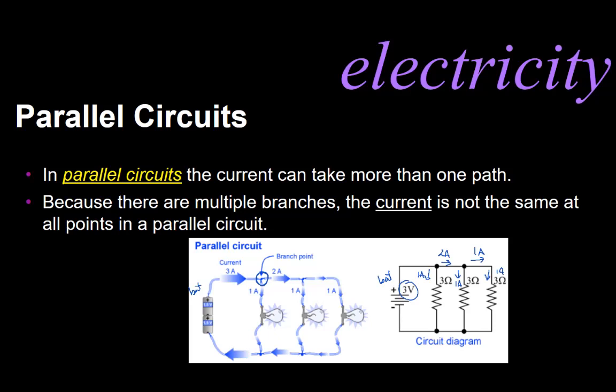Now, when we come back in, we've got 1 amp, but now we've got this other 1 amp coming in. So now here we have 2 amps. And back here, we're going to end up with 3 amps again. So all of our current is back together because it split apart to cover the different pathways, but then it combines back together when we get towards the end of the circuit.